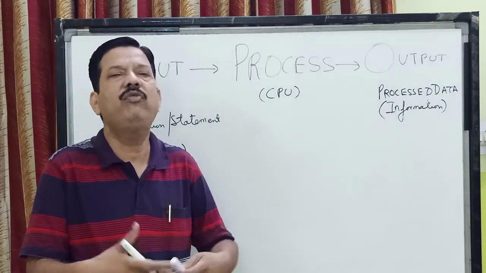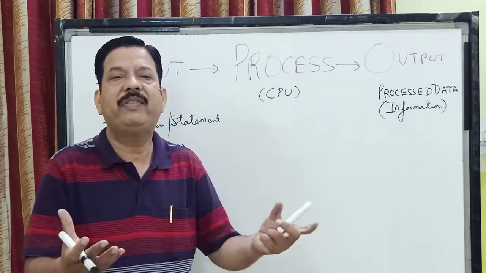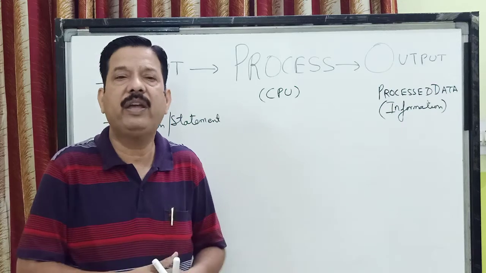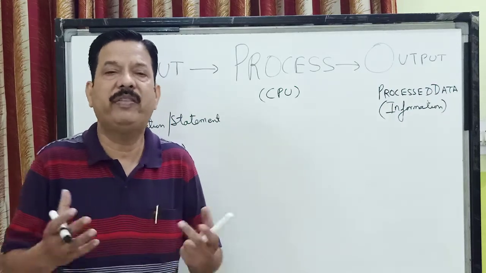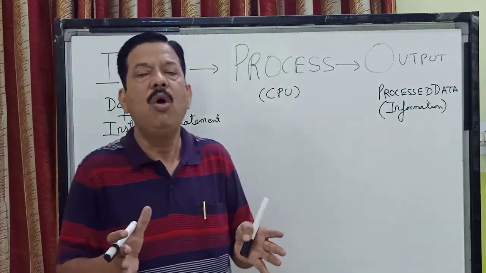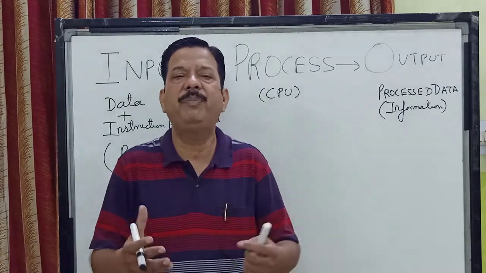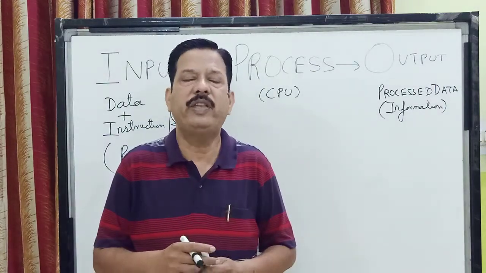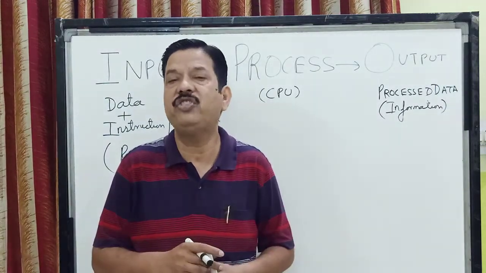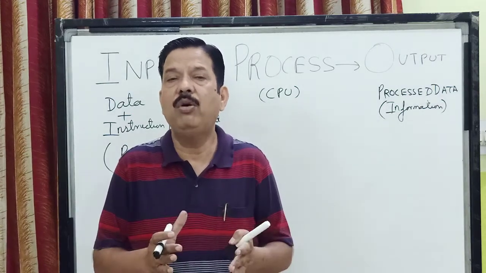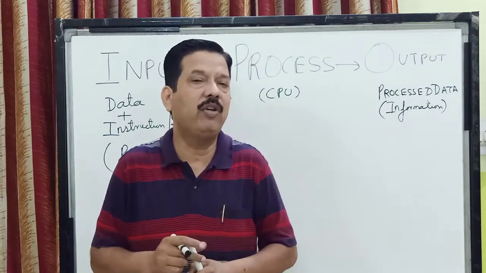Say for instance, if you want to write a program in BASIC, you will follow the syntax of BASIC. If you want to write a program in C++, you will have to follow all the instructions, all the statements, all the grammar of C++, and if you want to write it in Java, then you will have to follow the grammar or syntax of Java.